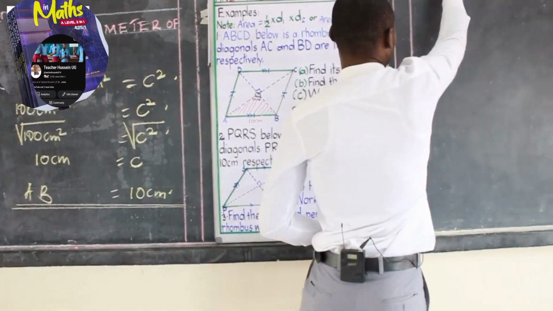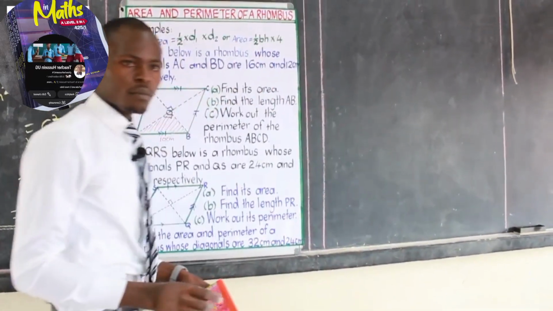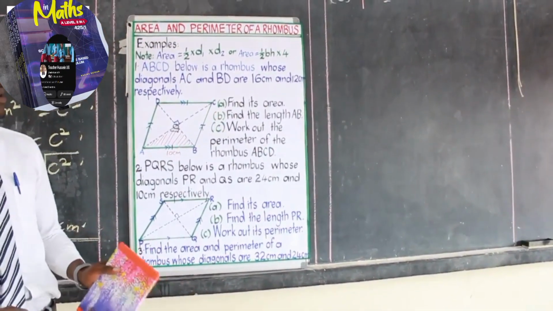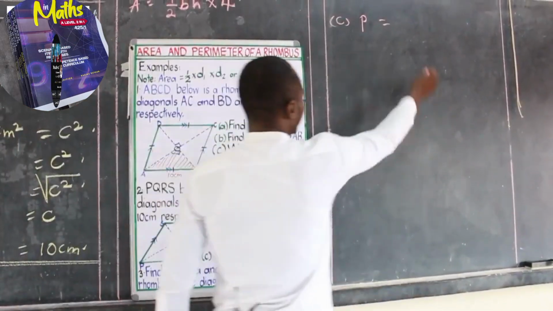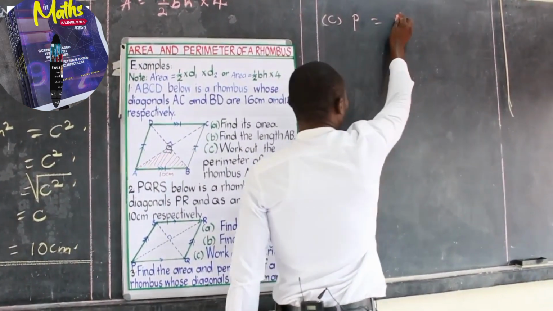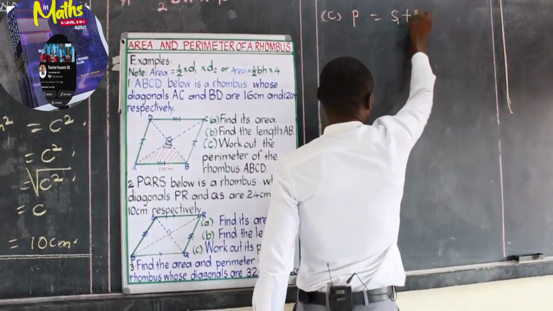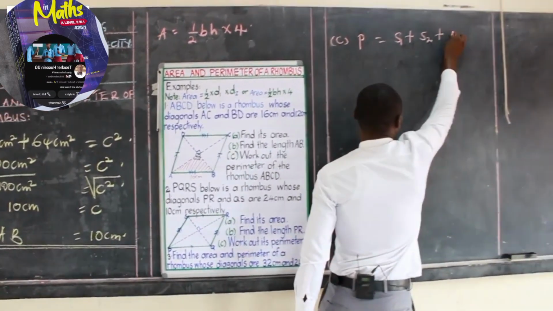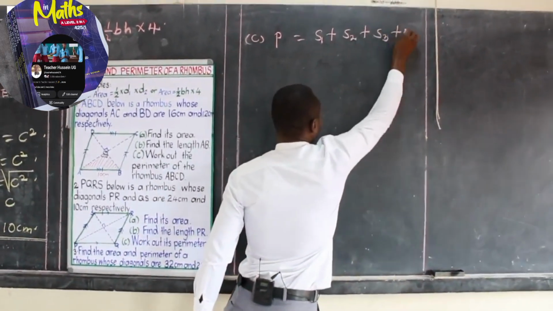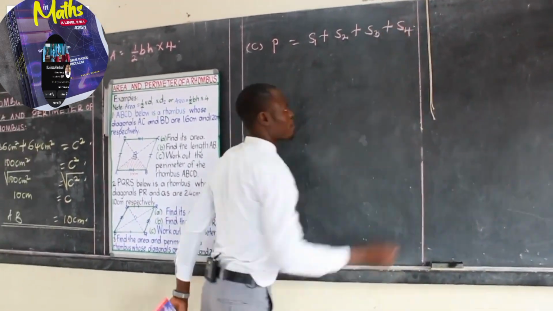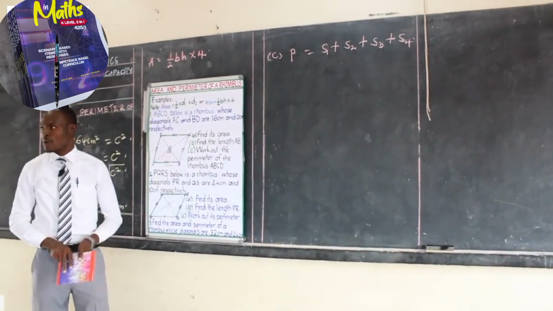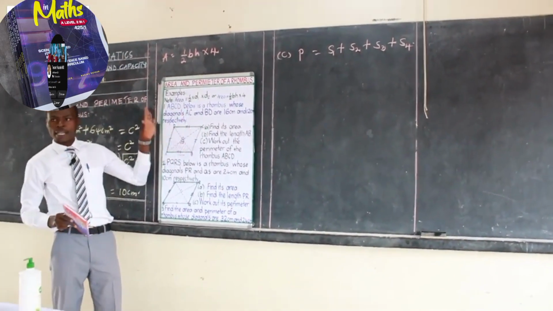I want us back here. That is our part C, which is perimeter. We've seen that perimeter is the distance around the figure, and this figure has 4 sides. We can say side 1 plus the second side plus the third side plus the fourth side, because it has 4 sides, all equal, shall give us the perimeter of this figure.